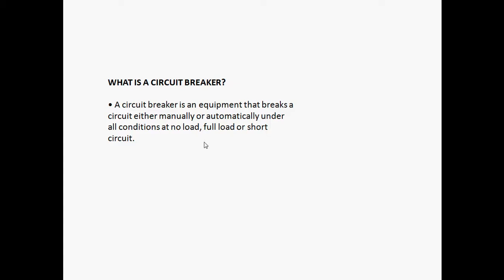Automatically means when a short circuit occurs, it must automatically break, and any load, from no load to full load, may be present on that breaker or line. Hence a circuit breaker breaks a circuit either manually or automatically.